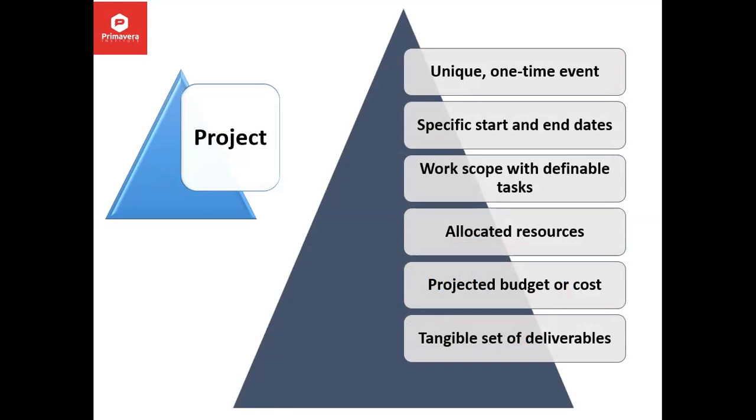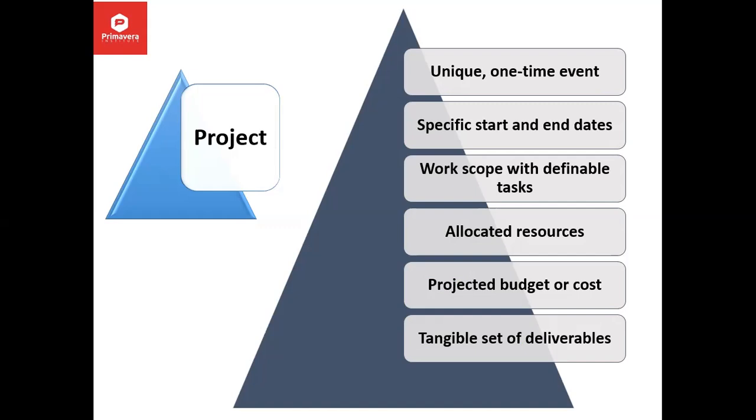While going through all these components which define a project, you should understand that any work you are going to do, its output is unique, and it is a one time event having a specific start date and finish date. Let's say it's going to start on 1st of January and end on 25th of April, like that, and there must be a duration.